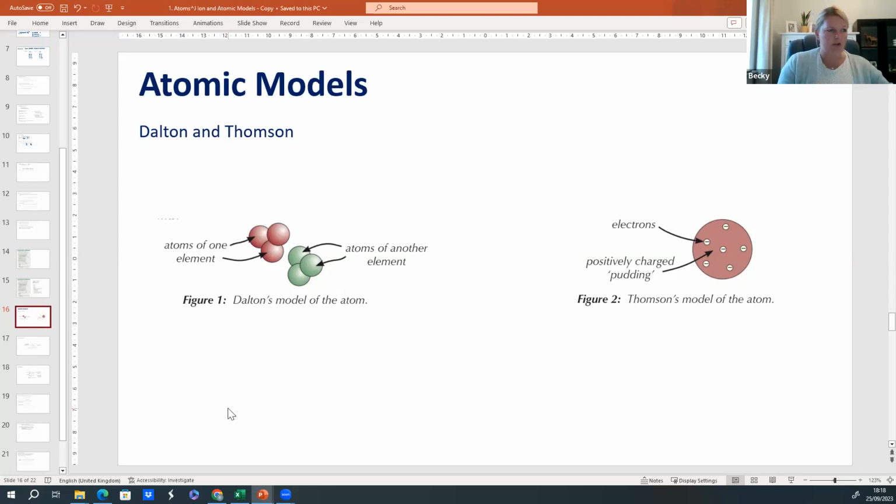So it moved on. This was sort of termed the plum pudding model, because it kind of went to the fact that it was a ball of positive charge with those electrons dotted in it. So it's nicknamed the plum pudding model, as a plum pudding would have been, apparently. So it was the discovery of the electrons that changed the idea into this plum pudding model.